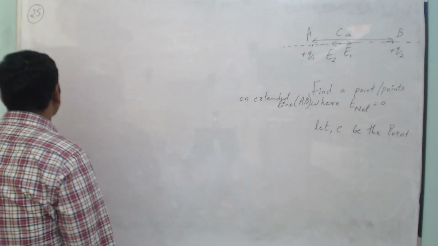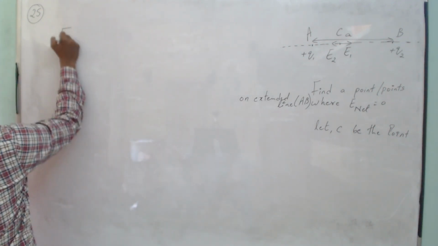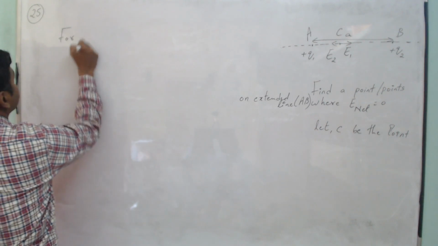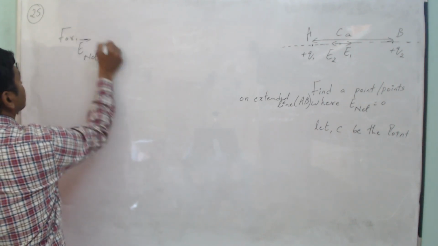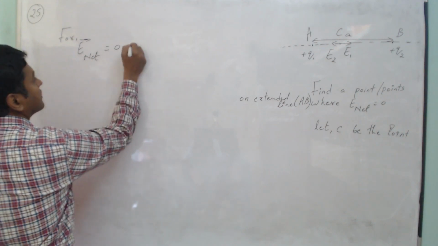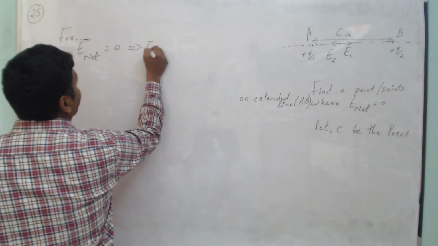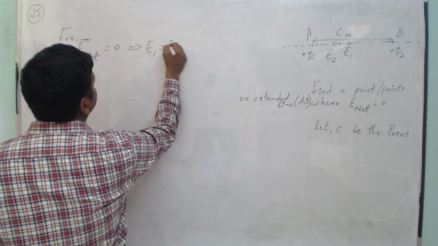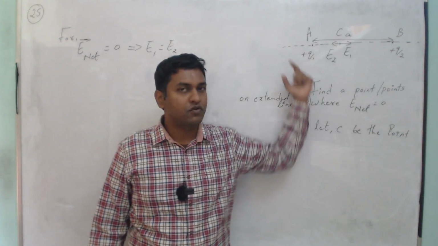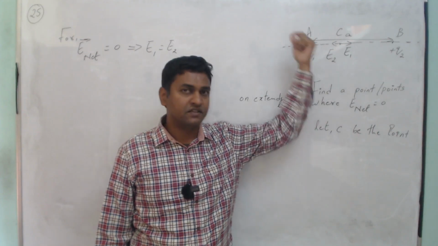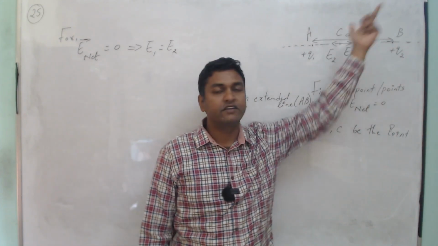So what we say is, for the net electric field to be zero, the magnitudes of E1 and E2 should match each other, right? And because of opposite directions, they will cancel each other. Therefore, we can say that the electric field at that point is zero.